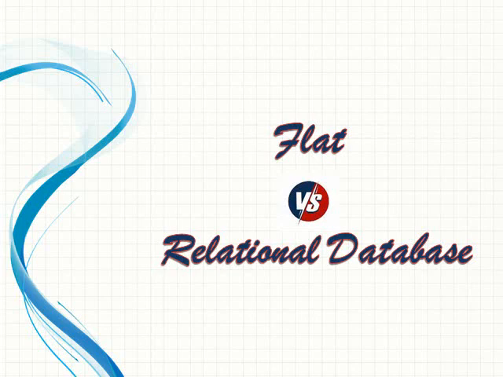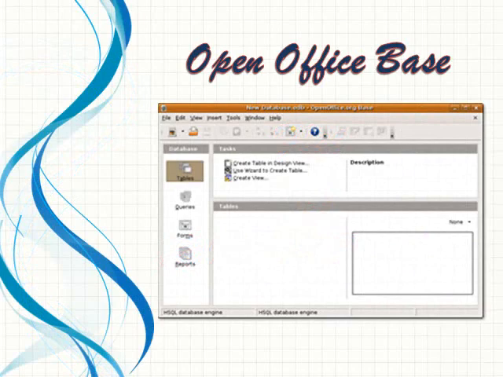When we talk about flat databases, spreadsheet applications are the best example. And when we talk about relational databases, the DBMS application which we will be studying to store the data centrally at one place is OpenOffice Base. Basically it is an RDBMS, that is, Relational Database Management System.